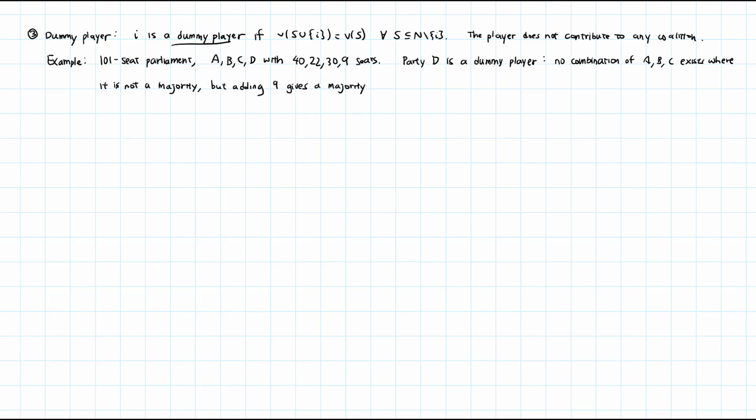So for any coalition, adding D does not change the value. Now intuitively, if you have a dummy player, then they should get a payoff of 0, and that is what we have here for the Shapley values. Our proposition states that if i is a dummy player, then the Shapley value of i is equal to 0. See if you can come up with a proof for this proposition.